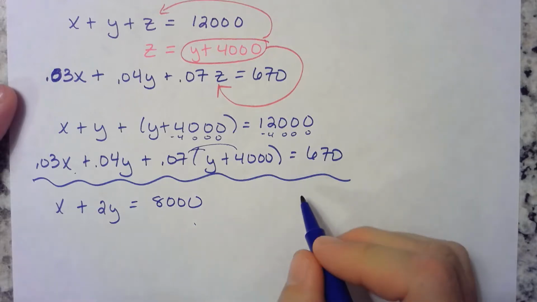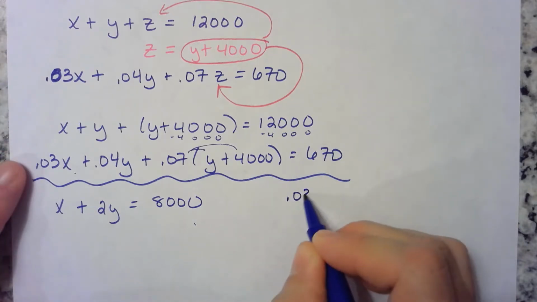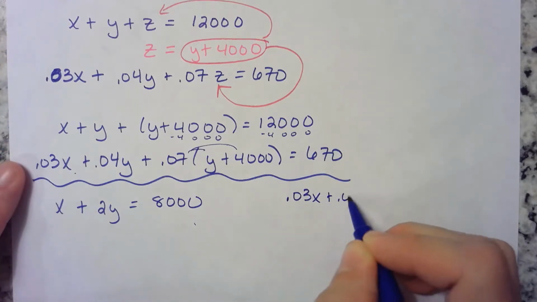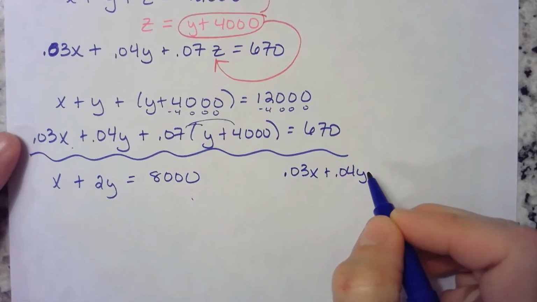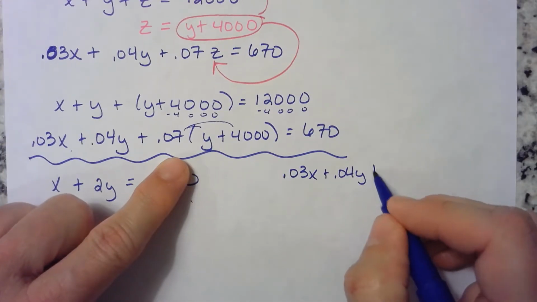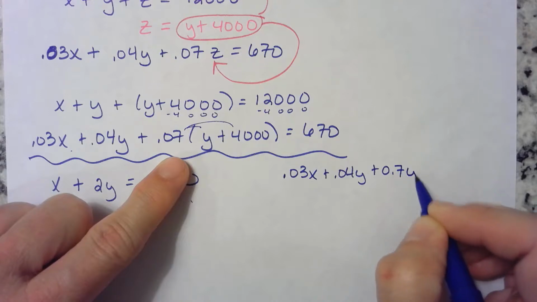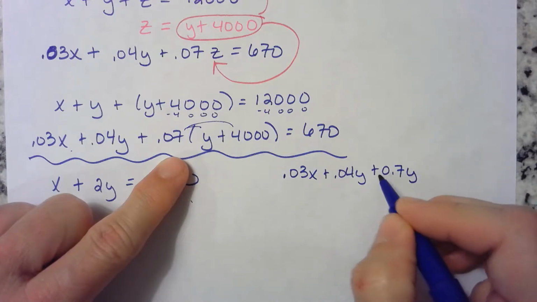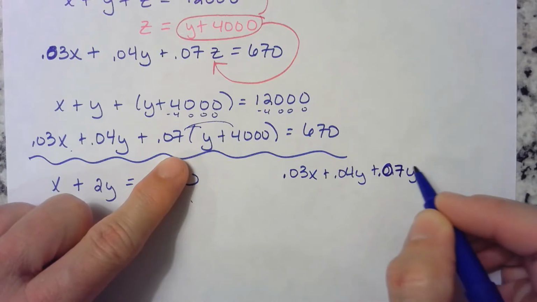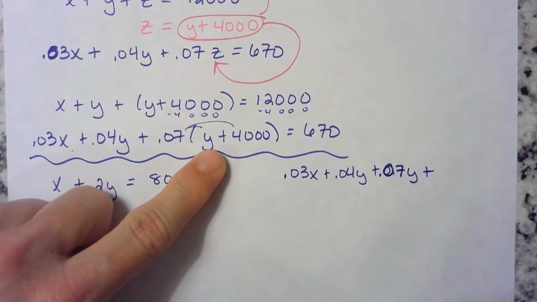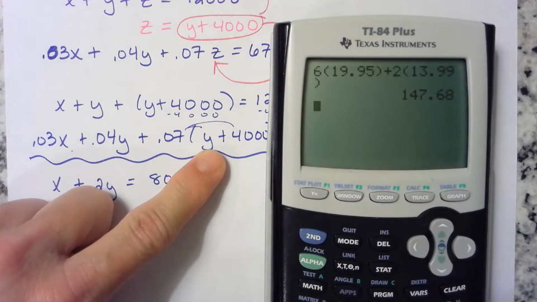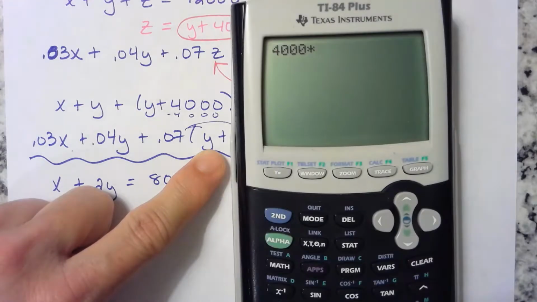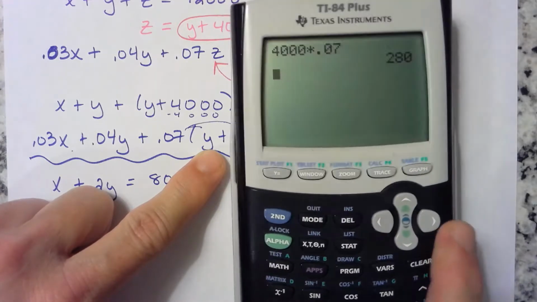So 0.07y, and plus 4,000 times 0.07 is 280.